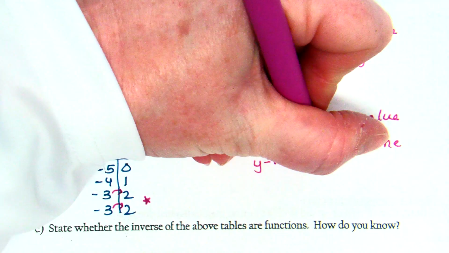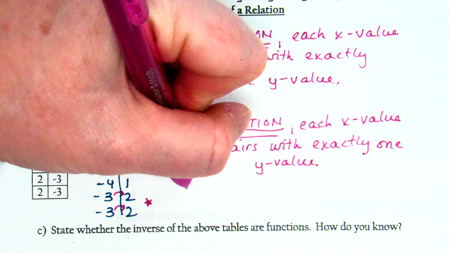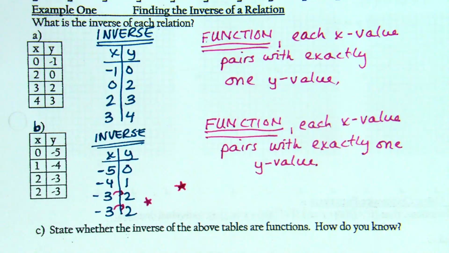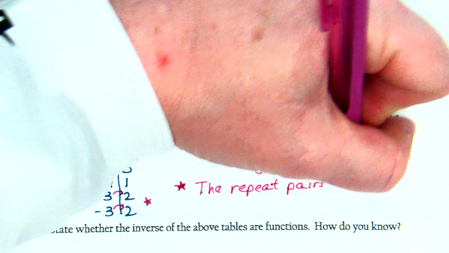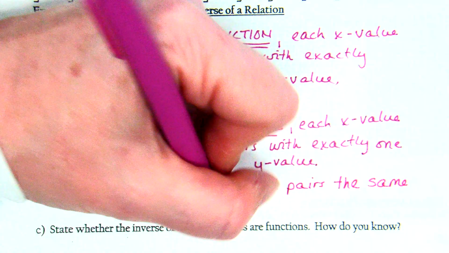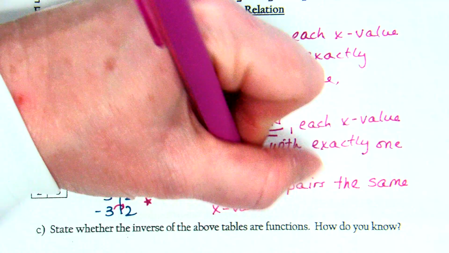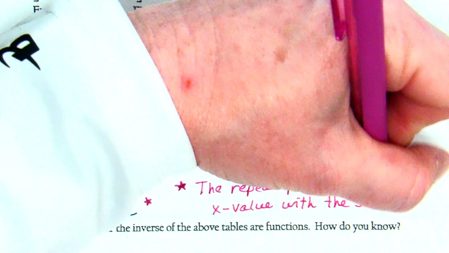And for the start part, what I will say is the repeat pairs the same x with y. Okay, so if you want to know why, oh, my x repeated, well, the repeat pairs the same x value with the same y value.